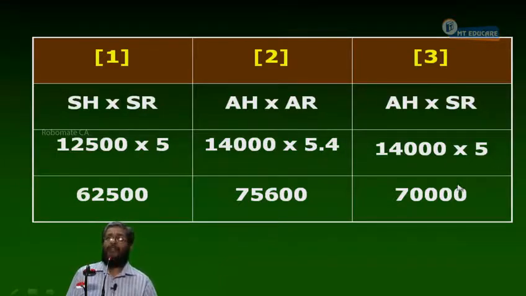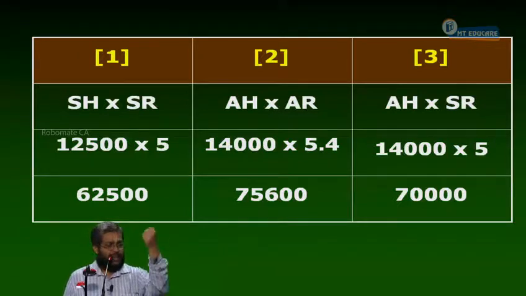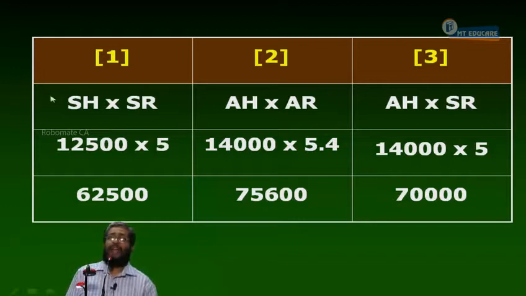Because I planned to pay 5 per hour, but I paid 5.4 per hour. 0.4 rupees per hour extra for 14,000 hours is 5,600, the adverse rate variance. I should have taken 12,500 hours, I took 14,000. 1,500 hours extra due to inefficiency, 7,500 rupees, is the adverse efficiency variance. Yes or no?